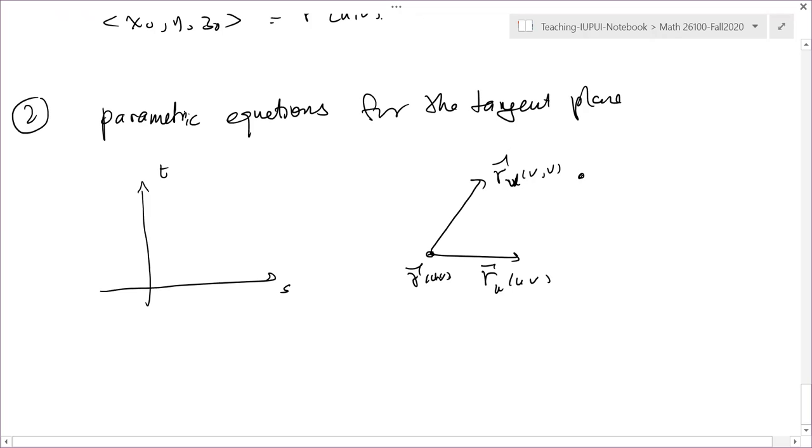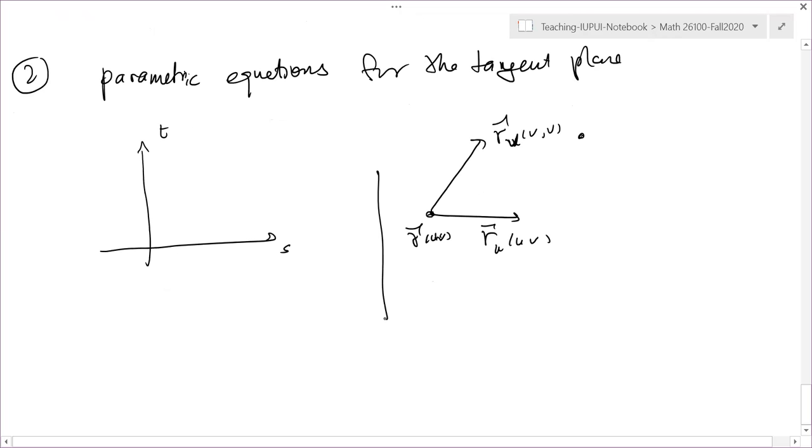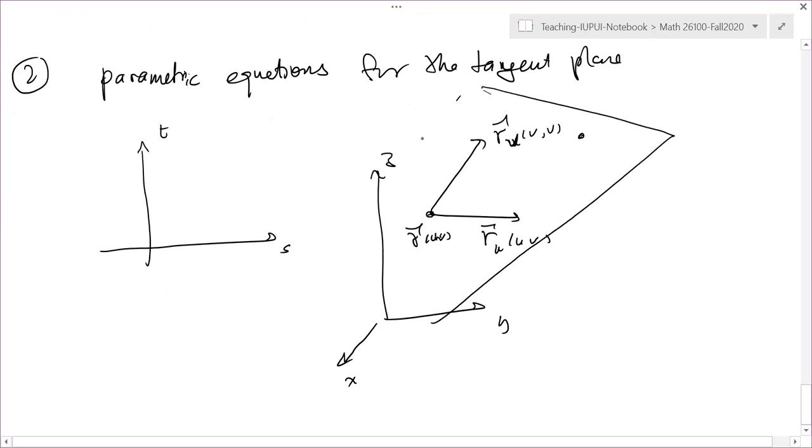Now it's in the xyz space, so you have a tangent plane here. How can I describe it? I cannot use the same r, so let's use r tilde.